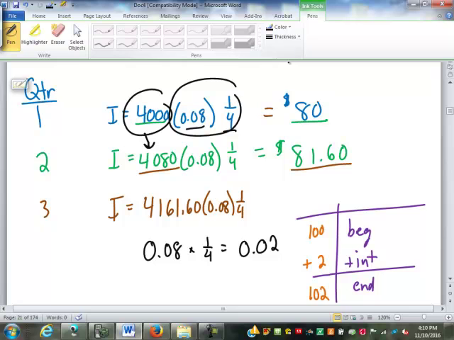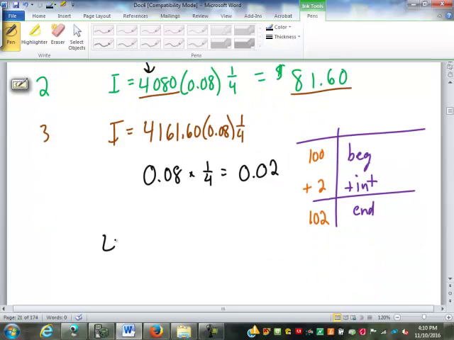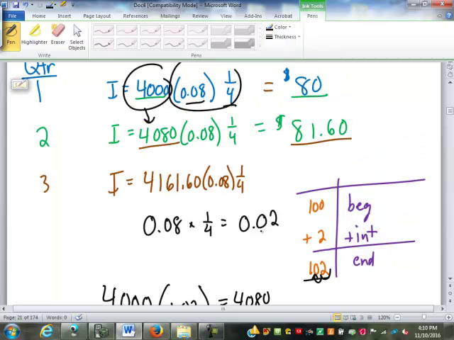So if we were to take our 4,000 times 102%, what is our rate as a decimal? It's 1.02. 4,000 times 1.02 is 4,080. That was our balance at the end of the first period, and what we started the second period with.